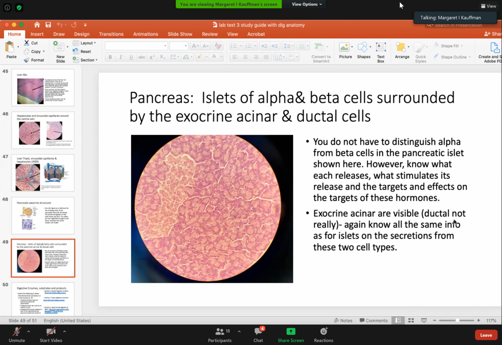Okay, so I'll put that in announcements. There's probably minimally 3 drawings you have to make. You could do 3 or 4, depending on whether you want your ductal cells and your acinar cells on the same slide as the alpha and beta cells. All right, so I'll do that right now, and then you can refer to that in announcements.